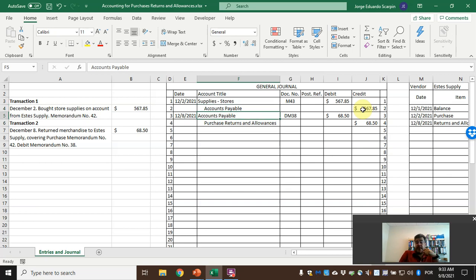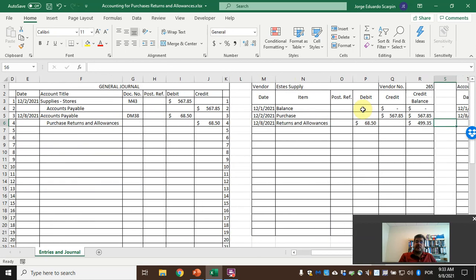Because we don't need to pay it anymore. Debit Memorandum 38, and the credit is purchase returns. What is this purchase returns? It is a contra purchase account. What is a contra account? An account that is reducing the normal account. So purchase returns reduces the purchases, 68.